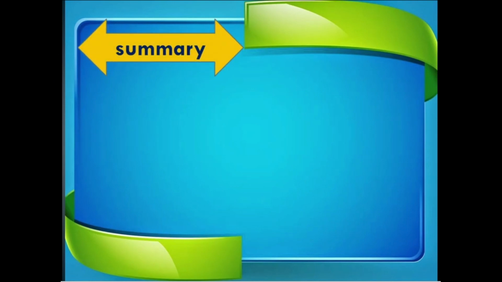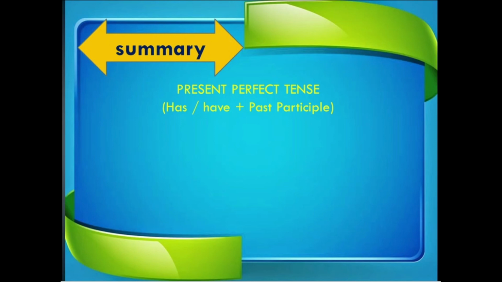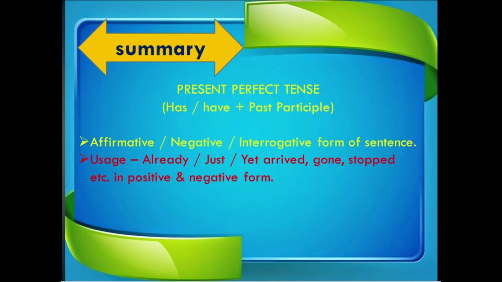Now let me give you a summary of what we have learned so far. Present perfect is has or have plus past participle. This is the door: if you want to open the door and know how to form the sentence of present perfect, first you know this. Let us also know that any sentence has affirmative, negative and interrogative forms, and also other usage like already, just, yet, arrived, gone, stopped, etc., in positive and in negative form.